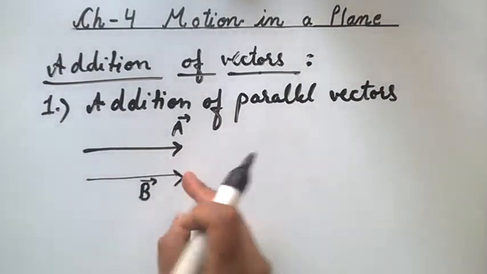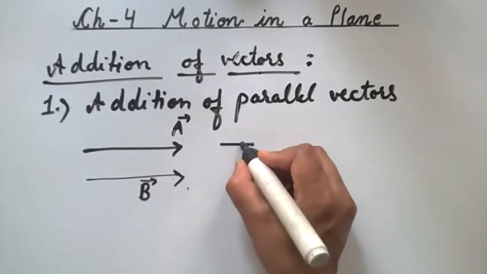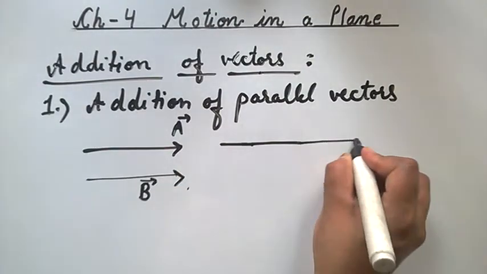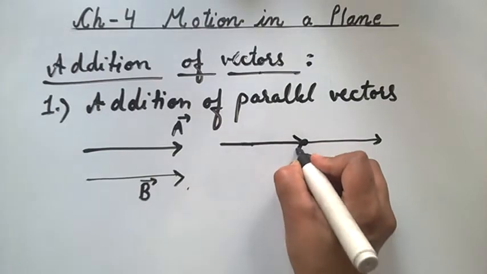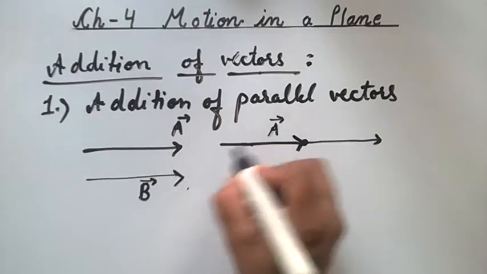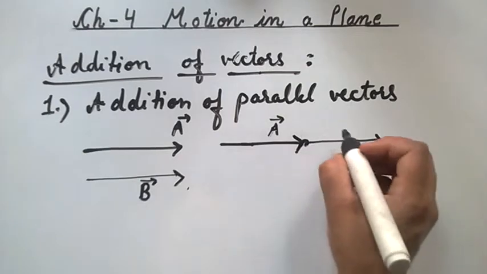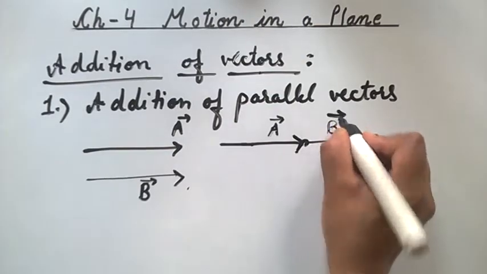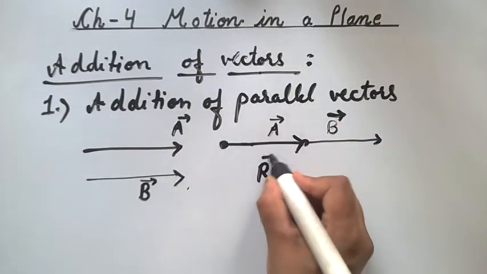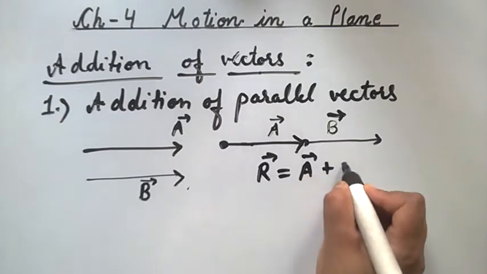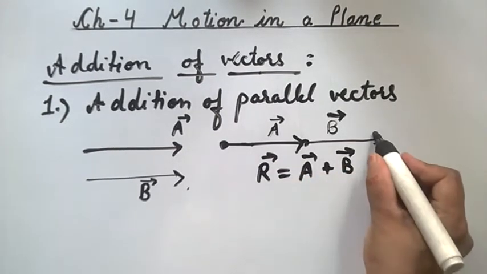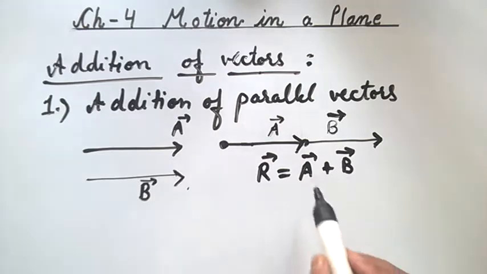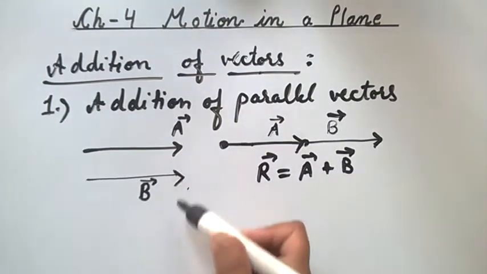Thus, on adding them, we get a larger resultant, which is equal to the addition of both A vector and B vector. That is, the head of the initial vector will coincide with the tail of the next vector, or the resultant is equivalent to A vector plus B vector. Directions are the same, so it is in this way, and its resultant will be the addition of the two individual vectors.